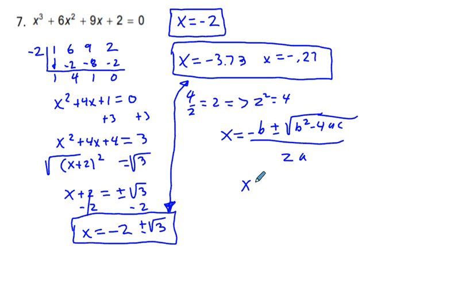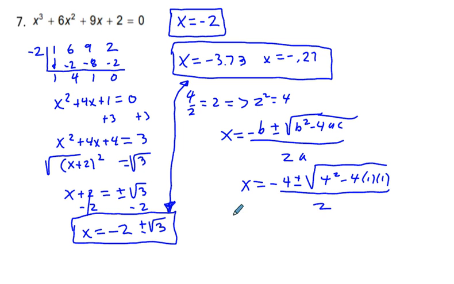So you have x is equal to negative 4 plus or minus square root of 4 squared minus 4 times 1 times 1, over 2a, which is 2 times 1. So you end up with x is equal to negative 4 divided by 2, which is negative 2.